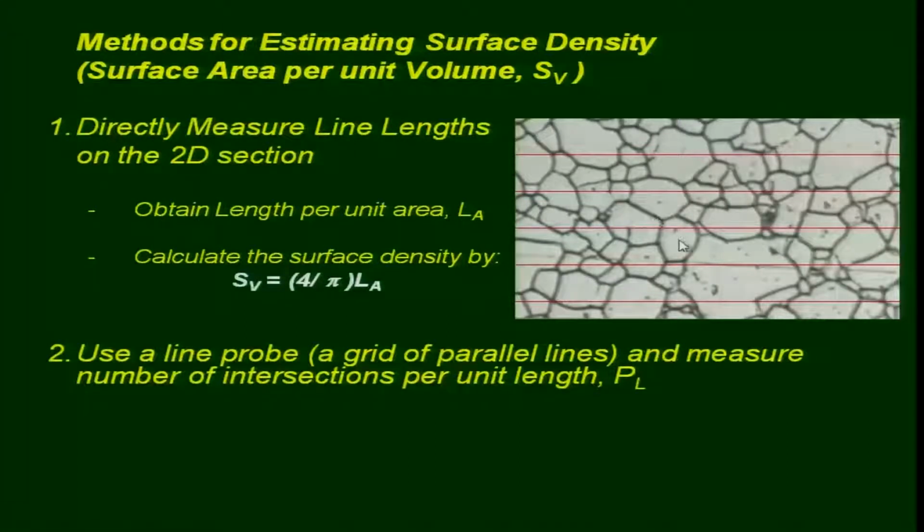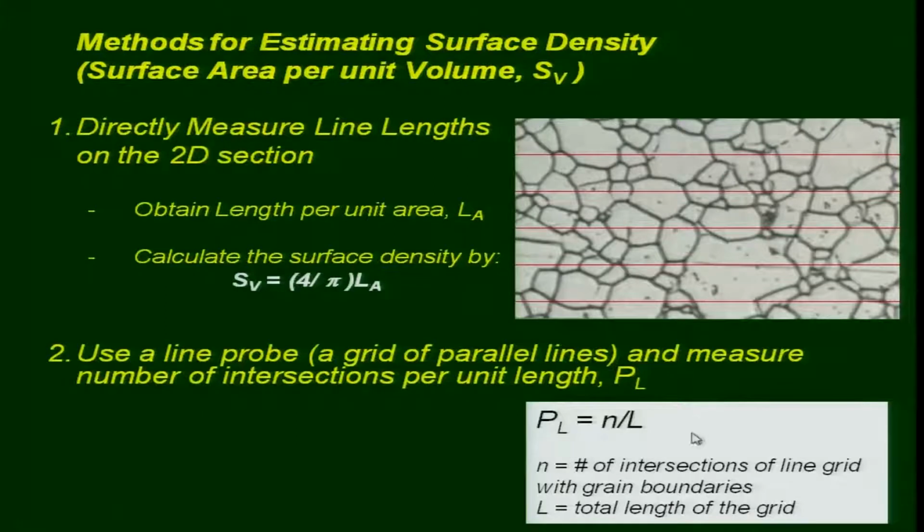That number I divide by the total length of the grid, which means the total length of all of these lines added together, and that is n upon L. This is what is meant by the measurement P sub L, number of intersections per unit length.